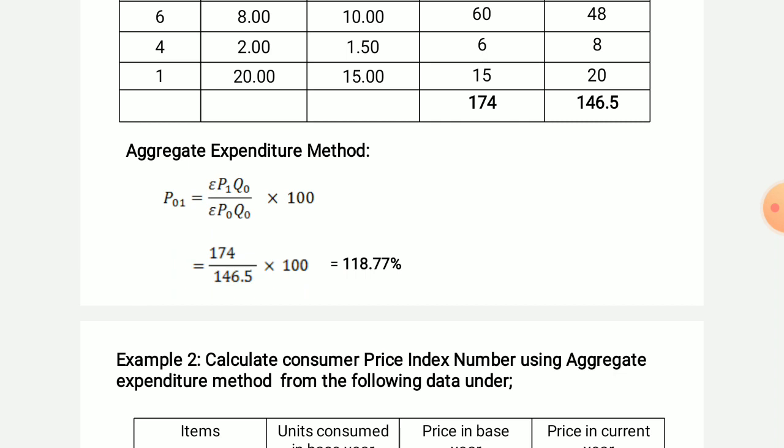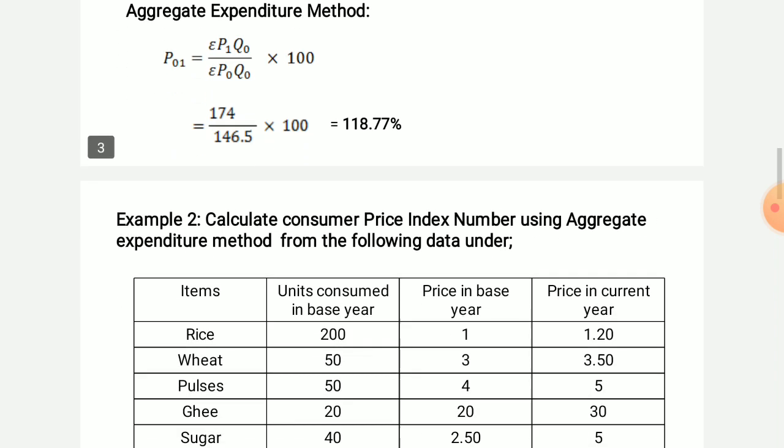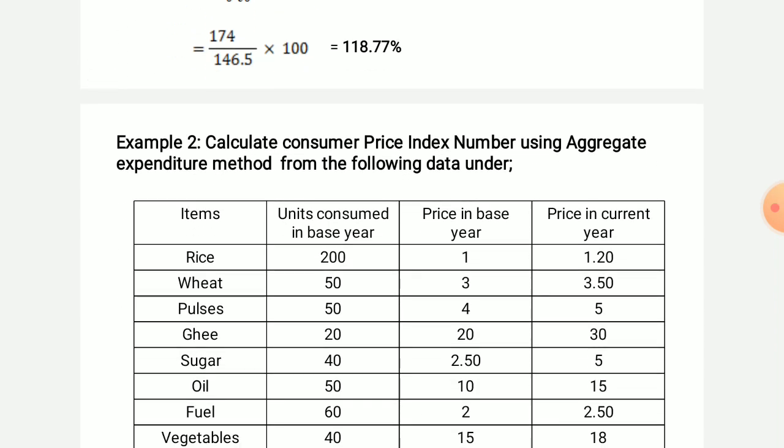This is the index number according to the aggregate expenditure method. And this shows that the prices of all the commodities or items have increased by 18.77% when compared to the base year.